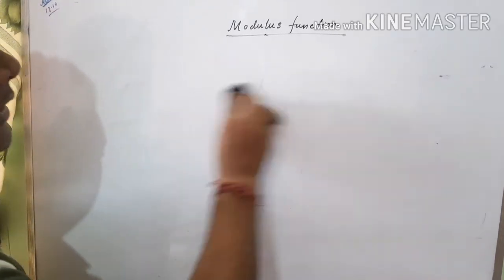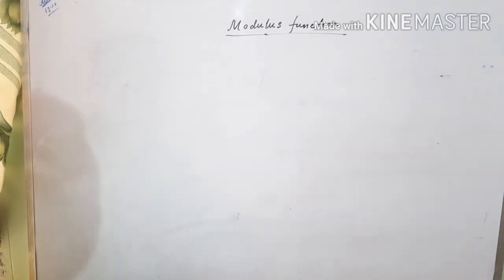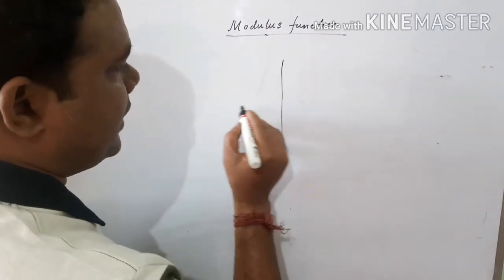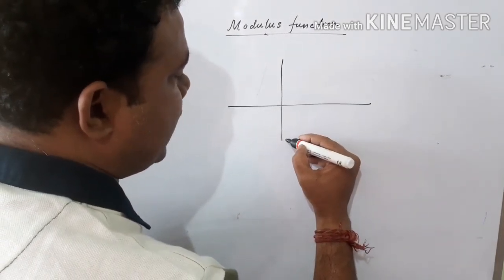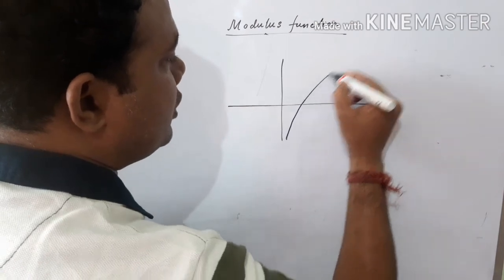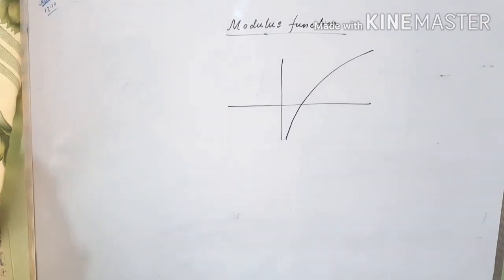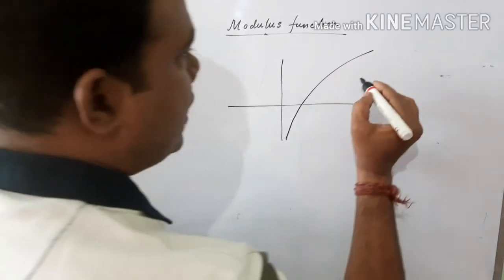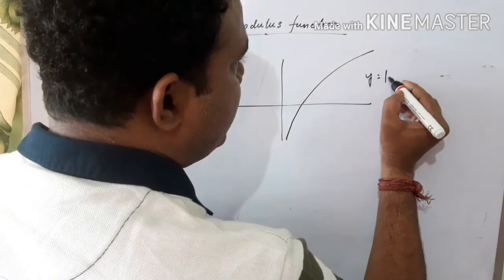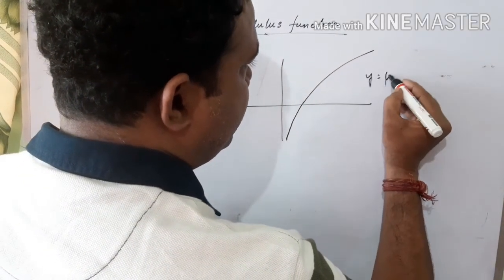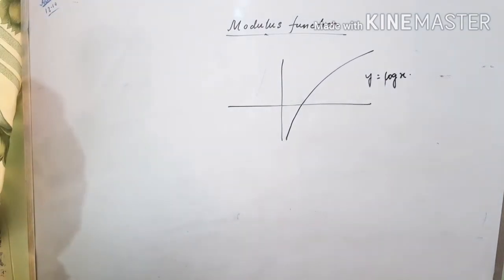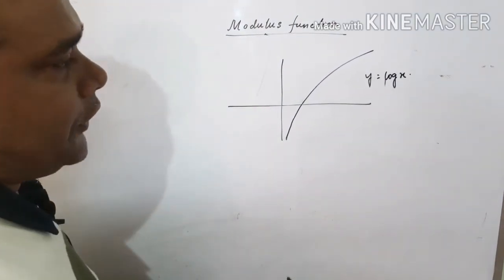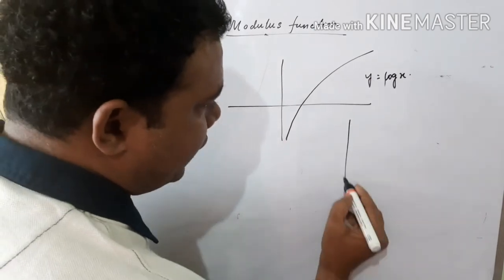Similarly, you can check in any book the graph of y equal to log x. Y equal to log x is a graph which looks like this. Clear? Now let us suppose we want to draw the graph of y equal to mod log x.